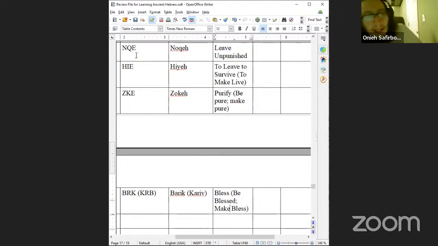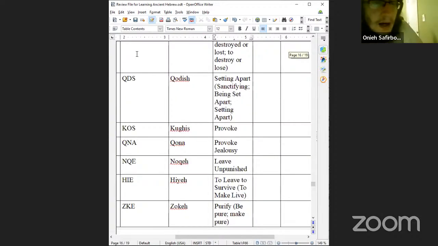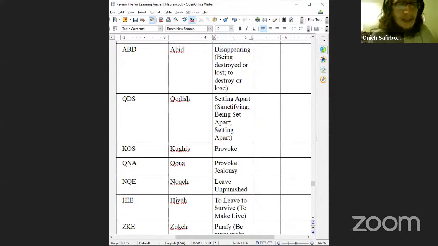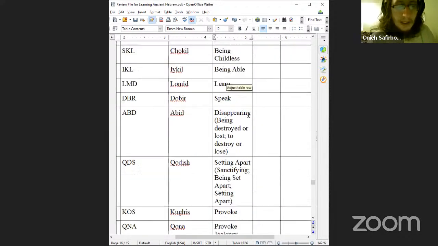So notice that these ones, they have a dual meaning of being or causing something else to be. The basic definition, though, is the ambiguous, like the middle one. So disappearing, you can disappear yourself or disappear others.